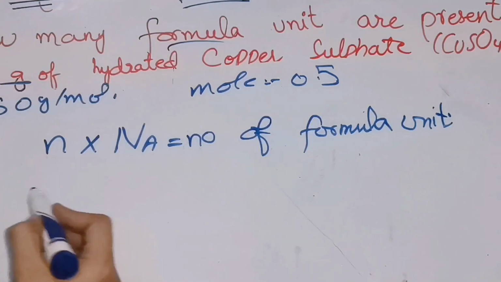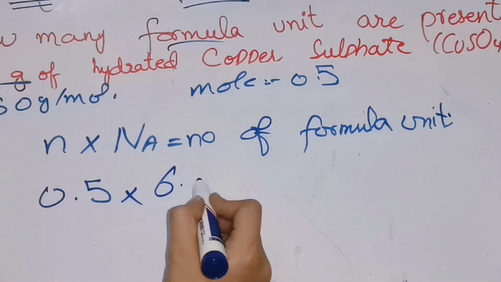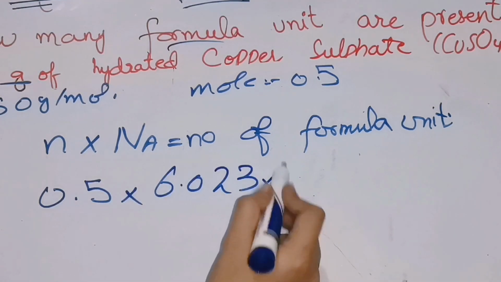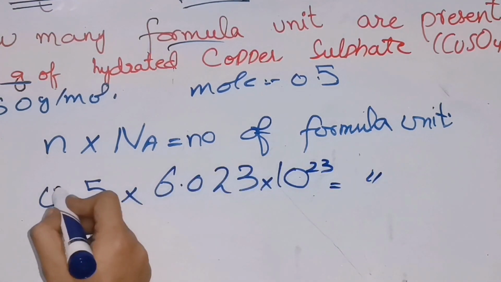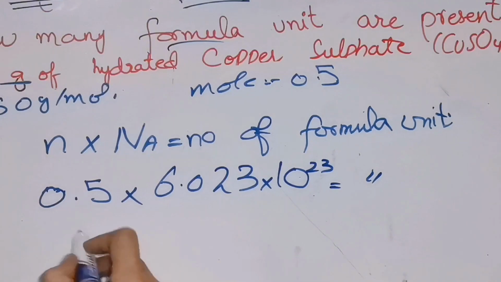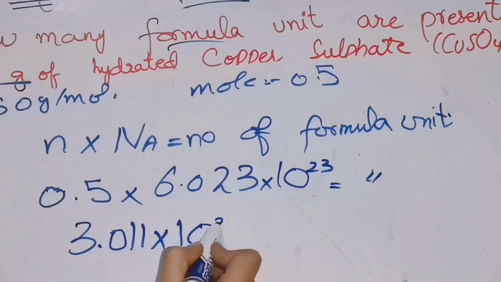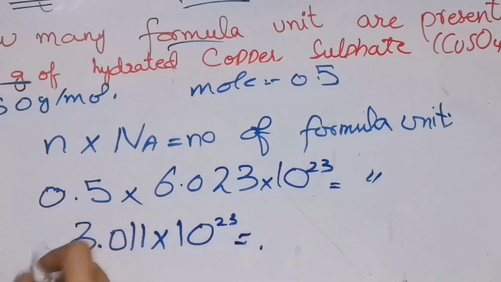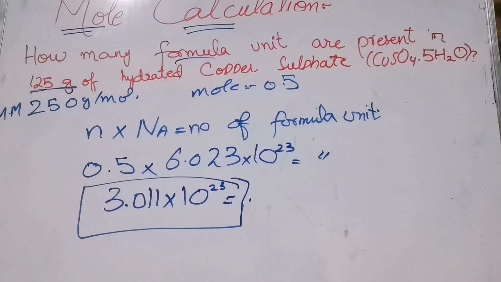So now in this case, we have number of moles, which is equal to 0.5 multiplied by Avogadro number. So when you calculate this, you will get an answer of 3.011 multiplied by 10 raised to power 23. So this is the number of formula unit present in 125 gram of hydrated copper sulfate.